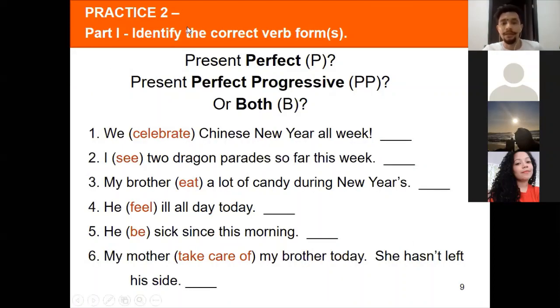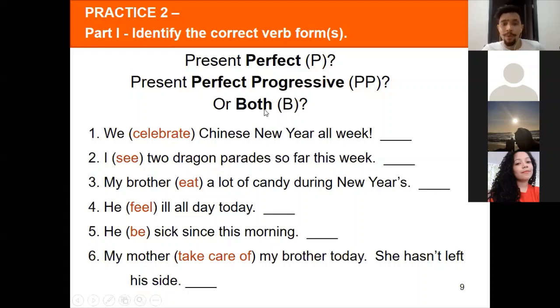Now take a look here. Identify the correct form. Here we have some sentences. As you can see, we have some verbs in parentheses, and they are not written in the present perfect progressive or in both versions.